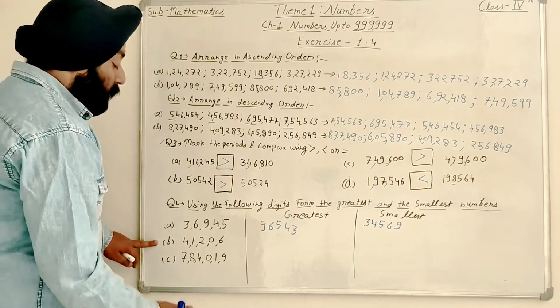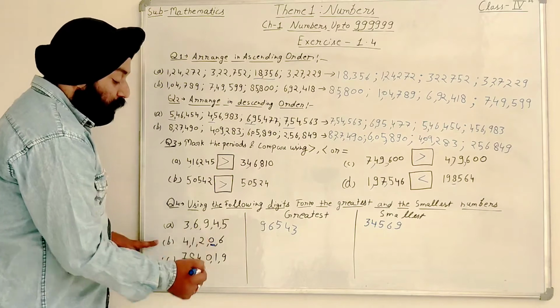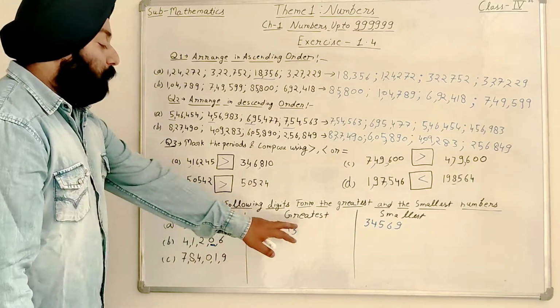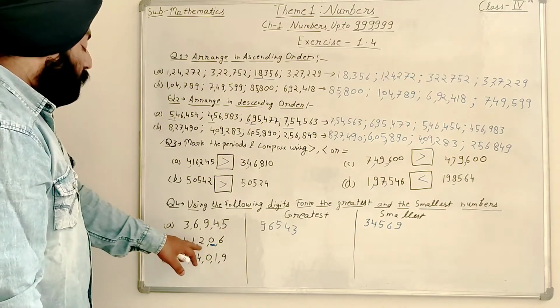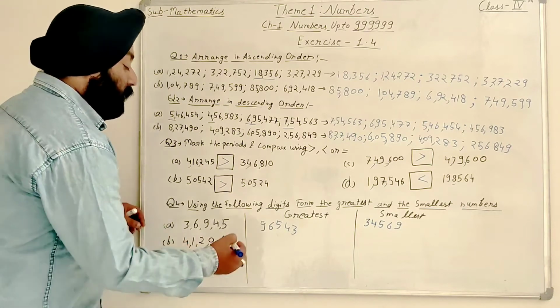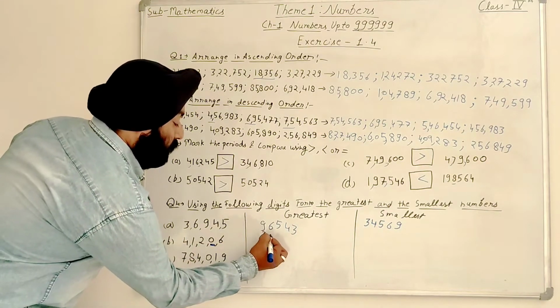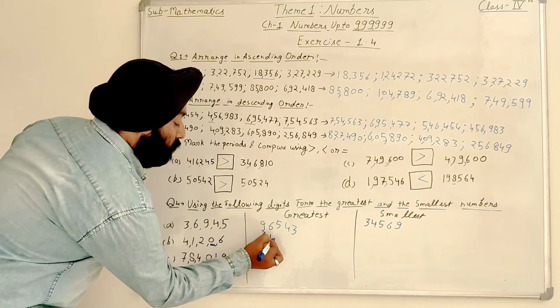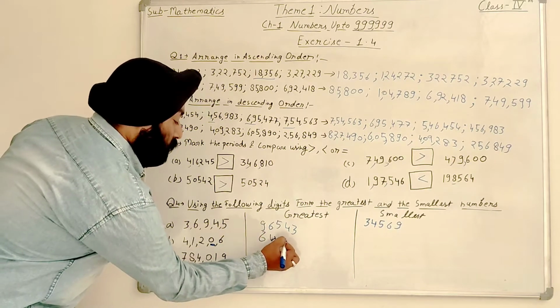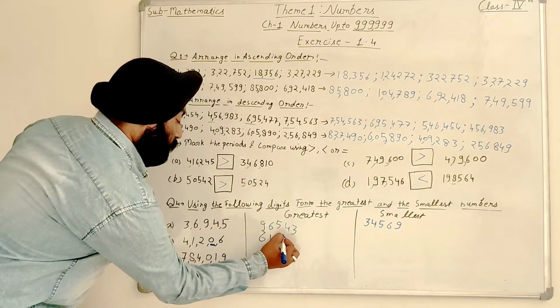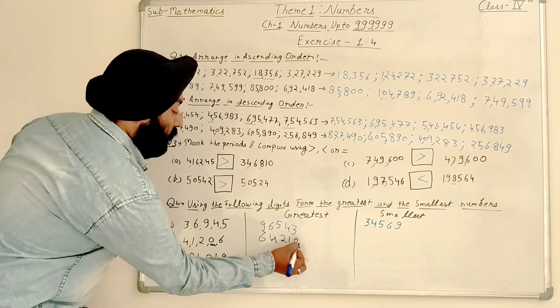The twist comes in the number where 0 is present. There is no problem in the greatest number. So 4, 1, 2, 0, 6. 6 is the largest, then 4, then 2, then 1, and then 0.